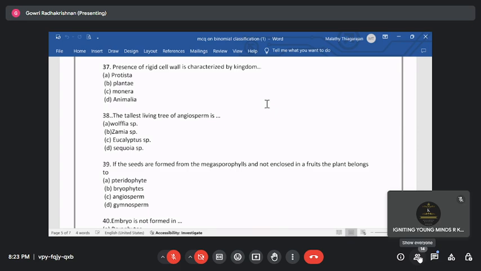It is rigid, all that is there. But then it has so many other common factors also. So many species are in it. It's not just that. So, Monera is the correct answer.